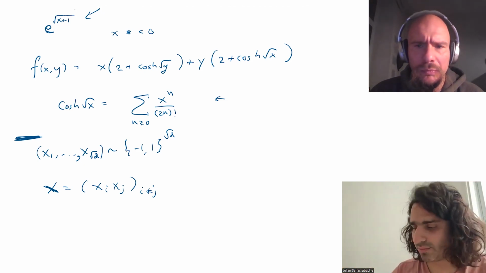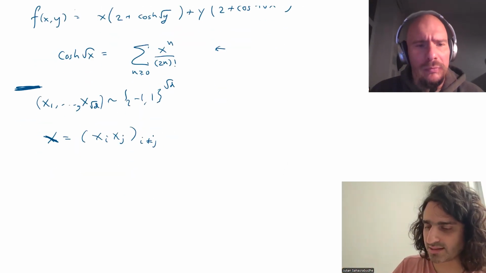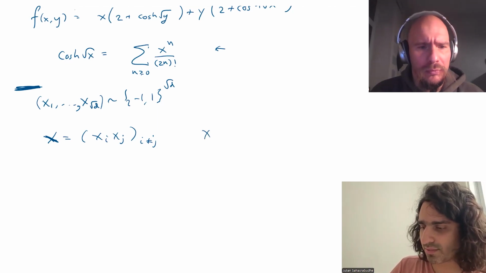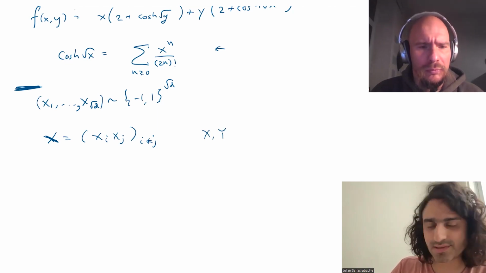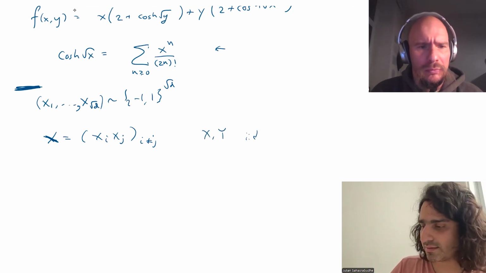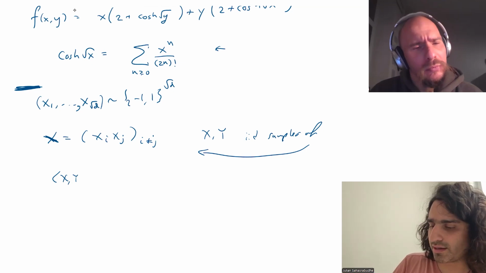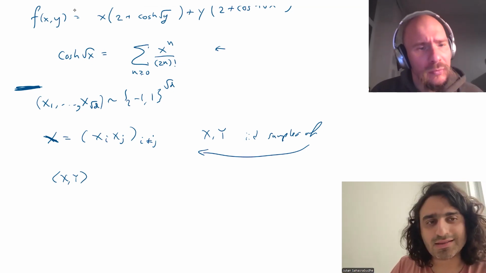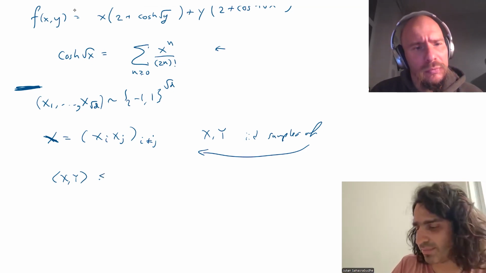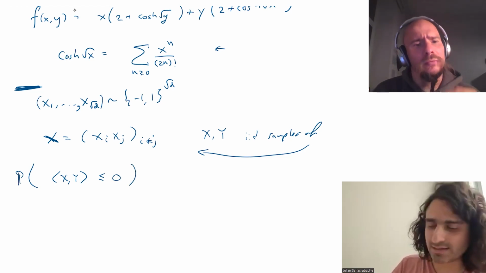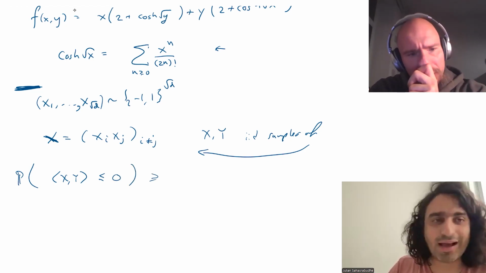What's a bit weird about random variables like this is that if you look at x, y, IID samples of this, and you look at their inner product, it does weird things. The probability that it's less than 0 is bigger than a half.